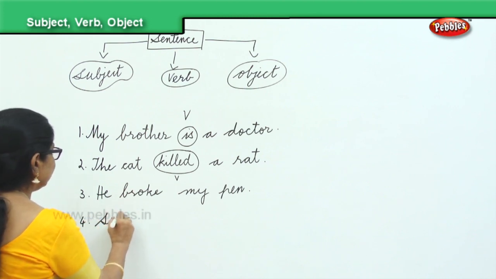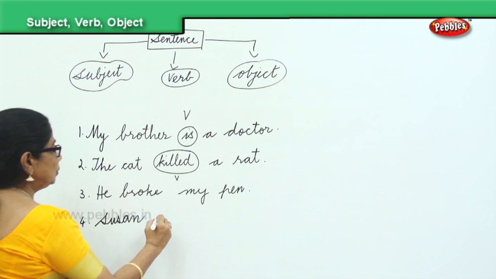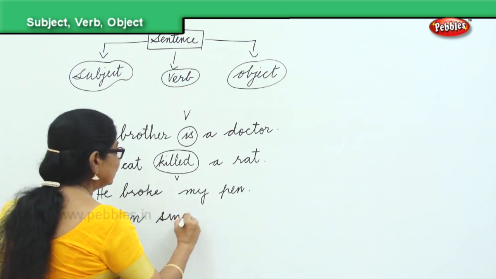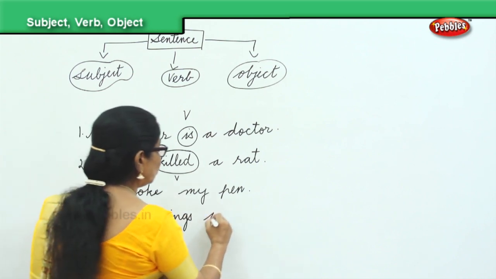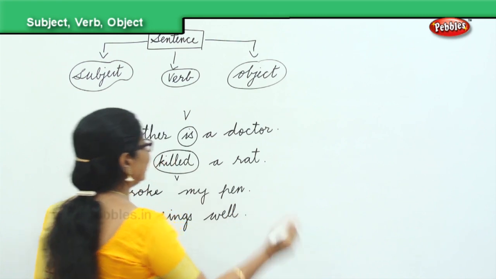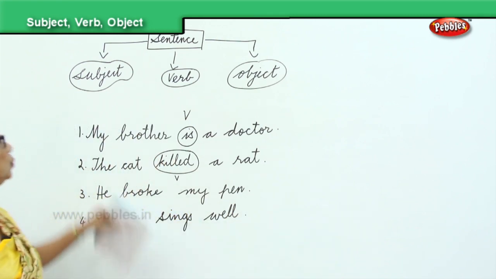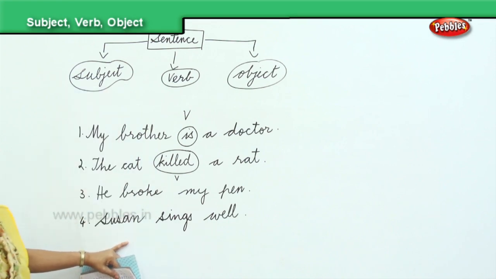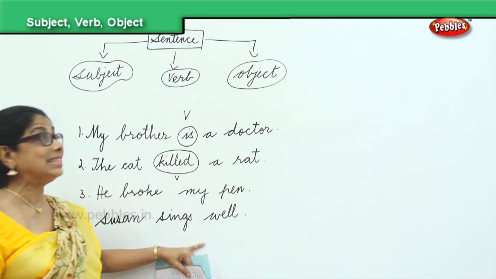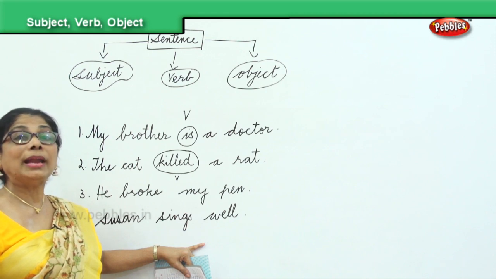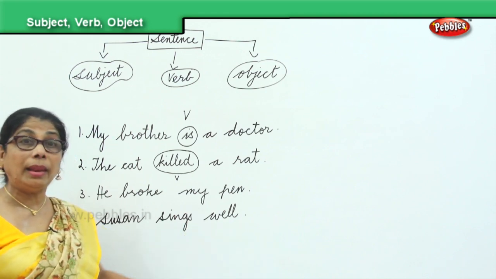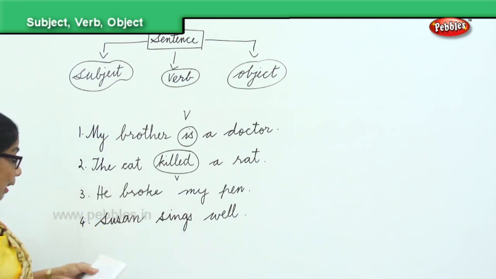Now you can say, Susan sings well. It begins with a capital letter and ends with a full stop. Susan is the subject. Where is the verb? Sings is the verb. And how does she sing? She sings well.